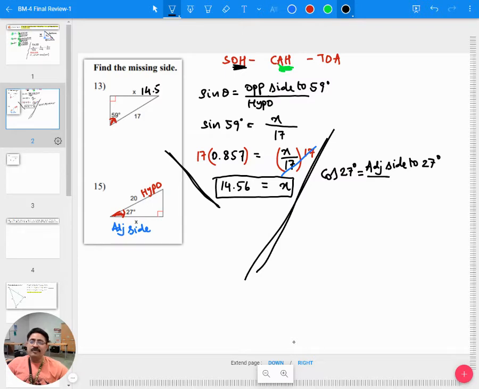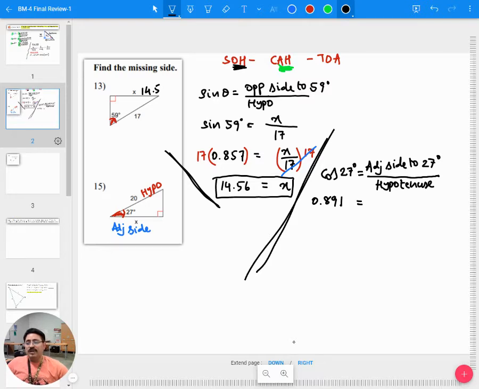I personally prefer to mention the angle also, over hypotenuse. Now, let me take my calculator. You can use an online calculator or Desmos. So let me type cos 27. It is giving me 0.891.